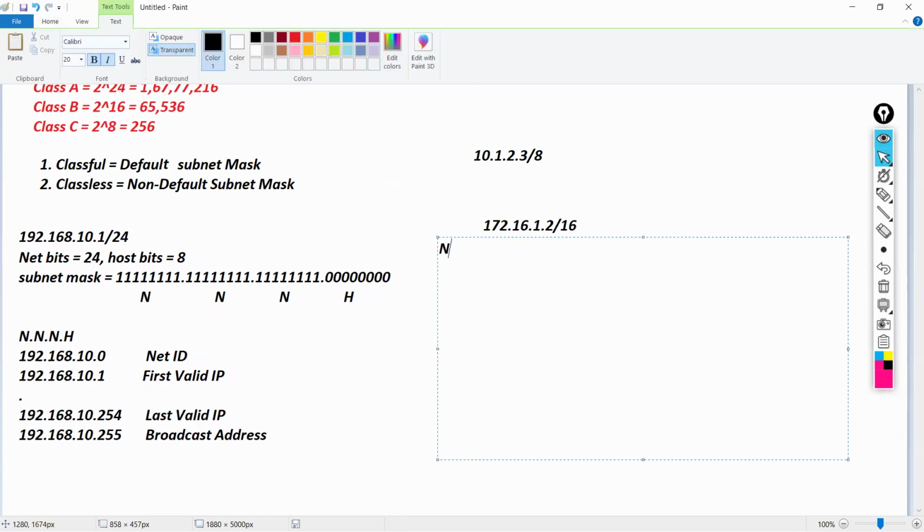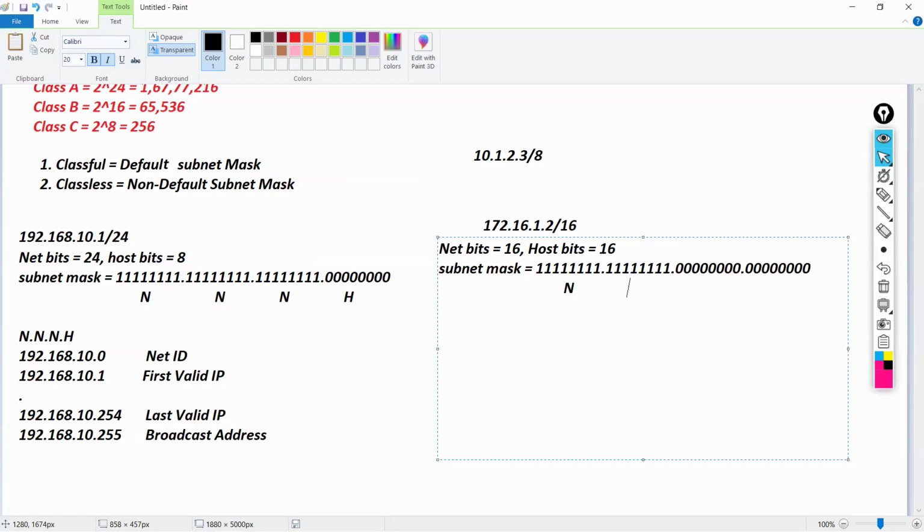According to the CIDR 16, network bits 16, host bits also 16. So that means my subnet mask is 16 ones and 16 zeros. Clear?